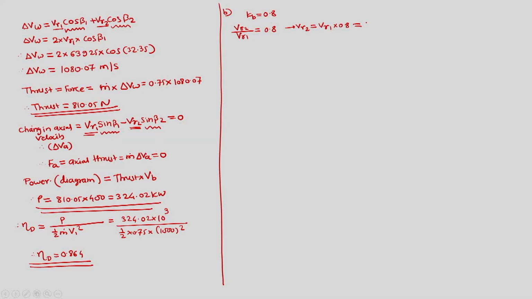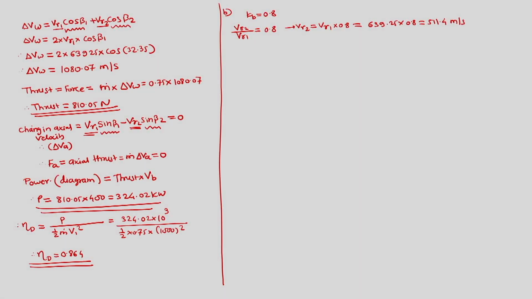Our calculation of beta and VR1 is intact. It will be the same as what we did for part A. So we carry forward the same VR1, which is 639.25, into 0.8.